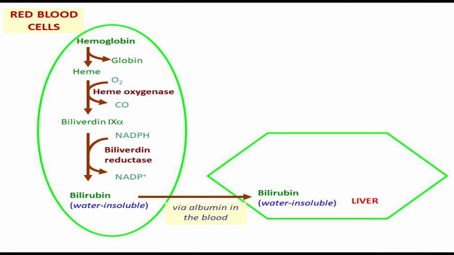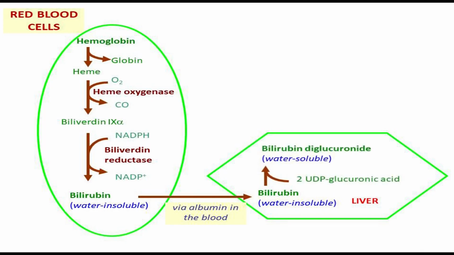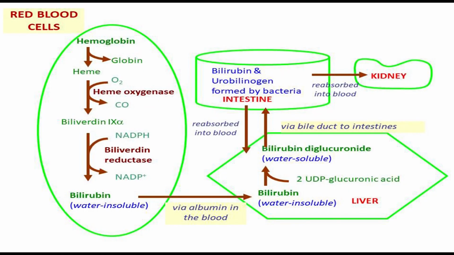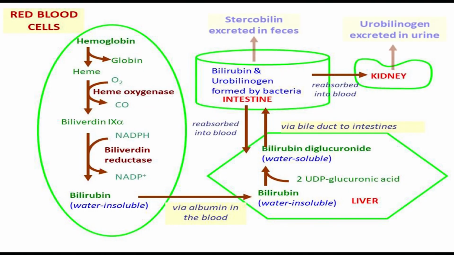It goes to the liver and is still water insoluble, and then after conjugation with glucuronic acid, this bilirubin becomes water soluble, and then it goes to the intestine, and urobilinogen is formed, which is actually reabsorbed into the blood, and also excreted from our body through urine, and also it deposits in the feces.